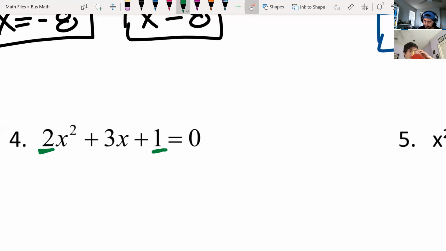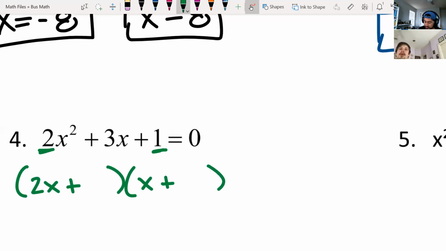This is plus plus, which means that this is going to set up to 2x plus a number and x plus a number equal to 0. Okay. Well, lucky for us, what are the only factors of 1? That would be 1.